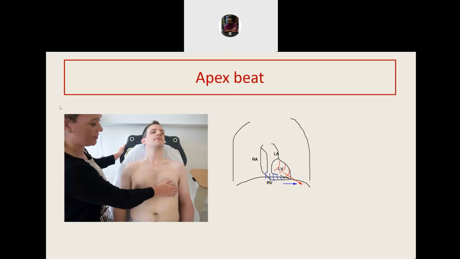Which simply means that if there is a left ventricular hypertrophy, this will cause the apex to move downwards and outwards. Whereas if there is right ventricular hypertrophy, the apex will move only outwards and not downwards.